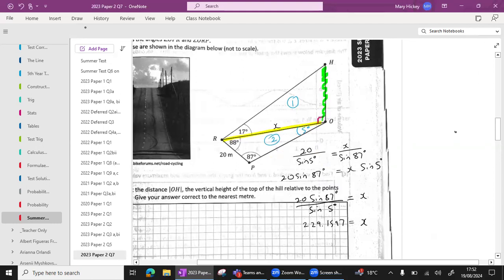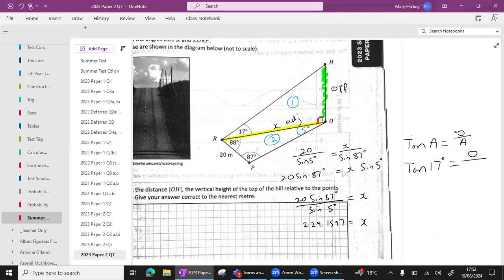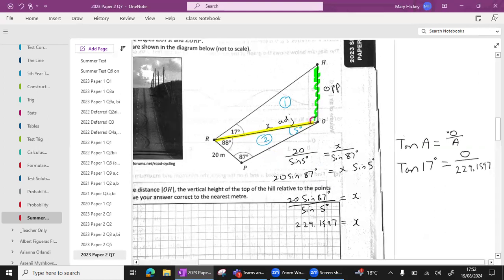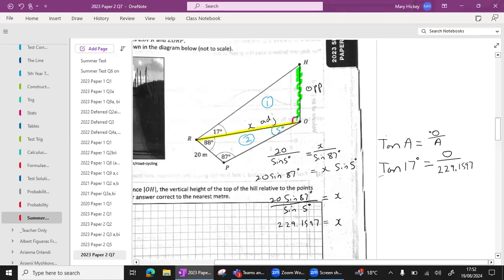In triangle 1, this is my opposite and this is my adjacent, so that's going to be tan. The tan of 17 is opposite, which is the one I'm looking for, so we'll leave that as O, over adjacent, the one I just found, 229.1597.